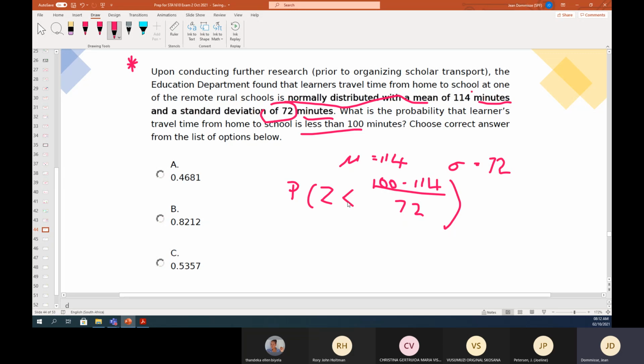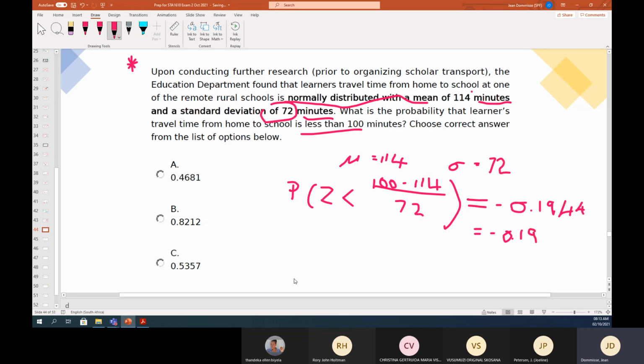Okay, so from this we need to say 100 minus 114, which gives us minus 14, and that divided by 72 will give us around minus 0.19.